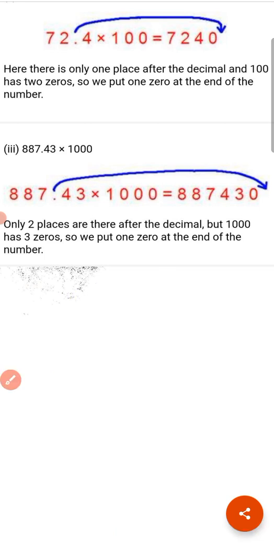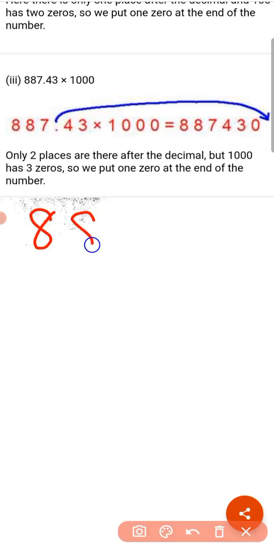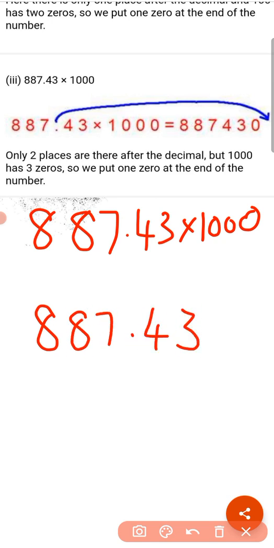Our next example is 887.43 into 1000. Into 1000 means we should put the decimal point after 3 places to the right side. 887.43 is our question.